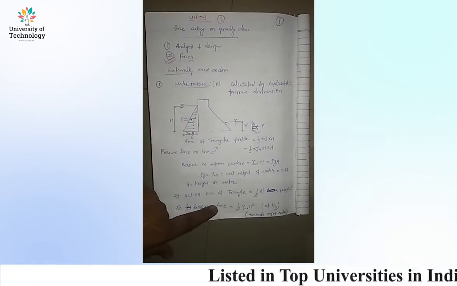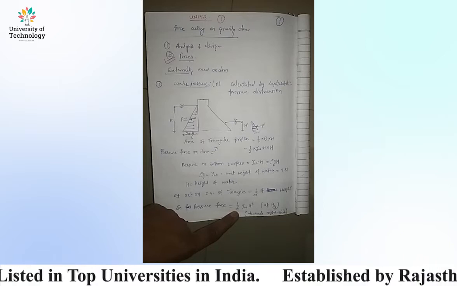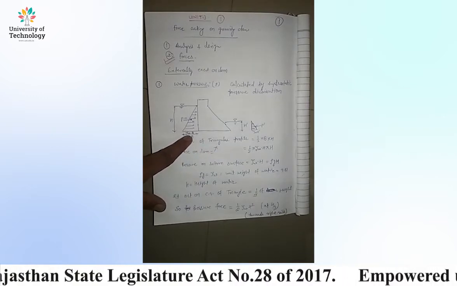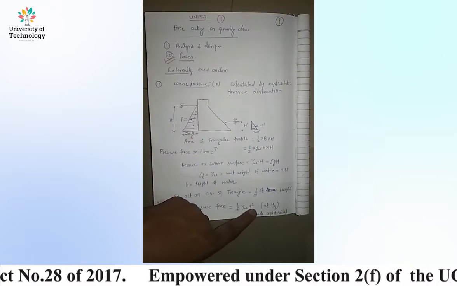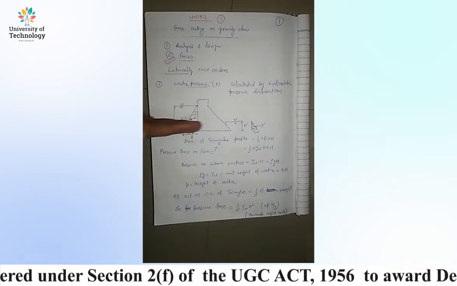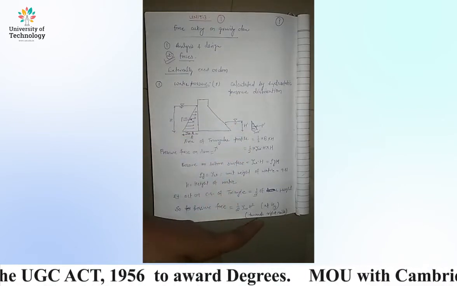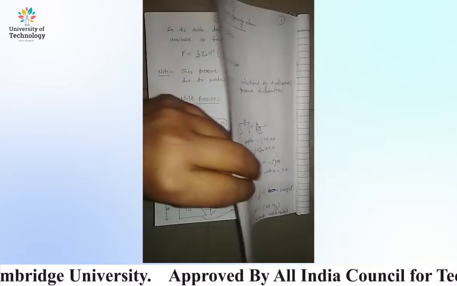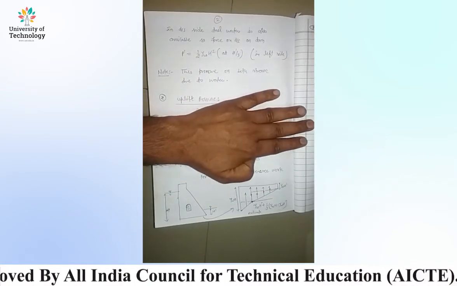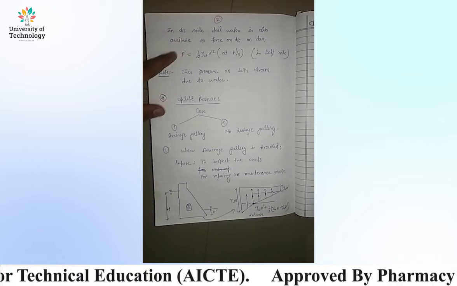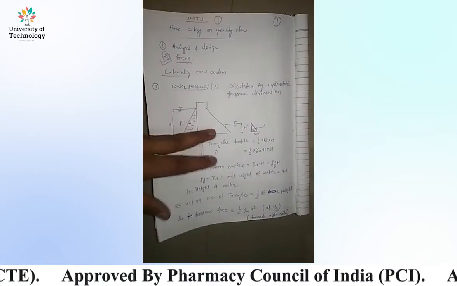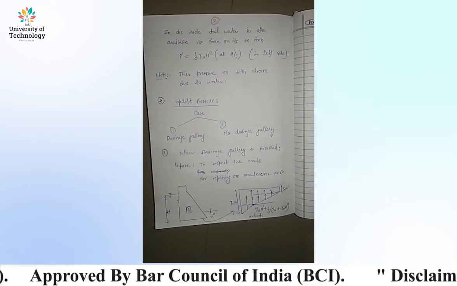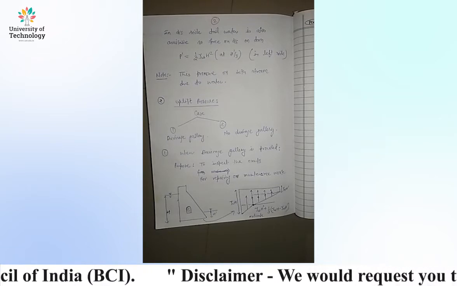So the pressure force we can calculate as 1/2 B. After putting the value of B as gamma W into H, it becomes 1/2 gamma W H square, which acts towards the right side, meaning towards the downstream side, at a height of H/3. On the downstream side, if water is also available, then a similar force will act towards the upstream of the dam.